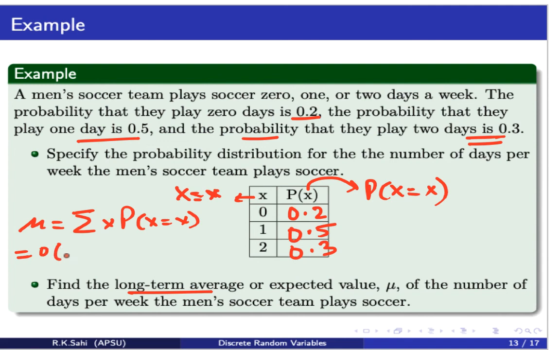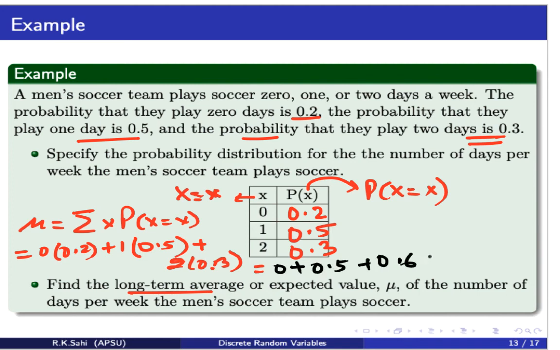So it's 0 times 0.2 plus 1 times 0.5 plus 2 times 0.3. Okay, what are the numbers? 0 plus 0.5 plus 0.6. When you add this, 1.1. You can test it with the help of your calculators too. It will give the same answer.